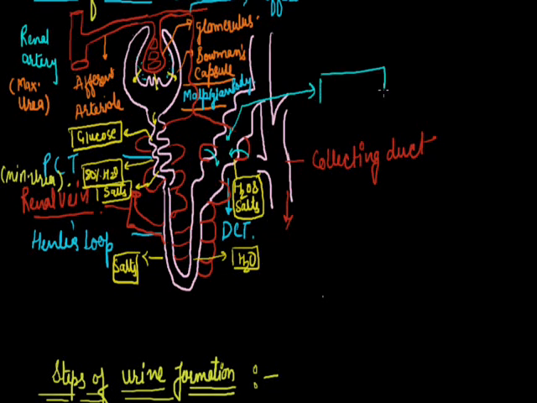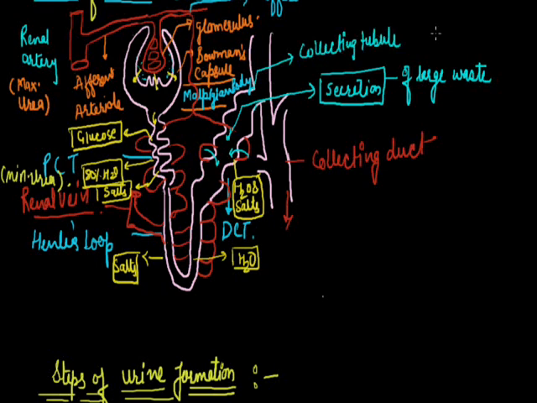This is the secretion step. And as the urine enters in the collecting tubule, this is the last smaller passage, it is termed as urine. So are you getting me?